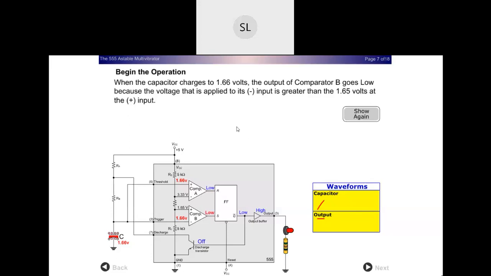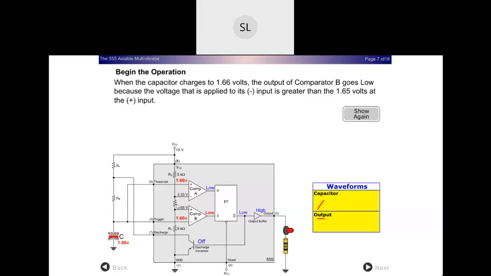Now what do you observe here? What we have assumed here is that the supply voltage applied across the circuit is 5 volts.